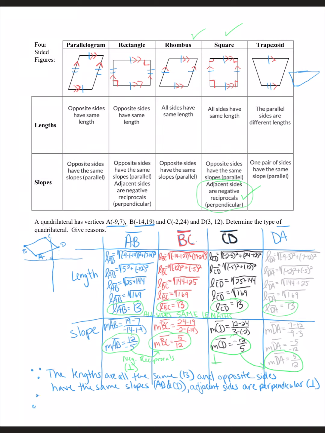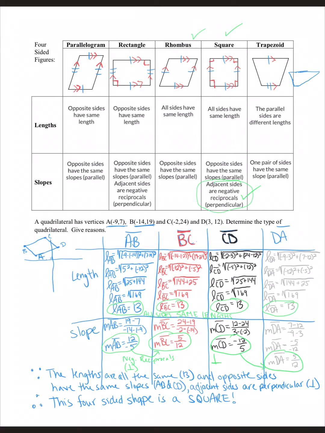We can say then, therefore, this four-sided shape is a square. Okay. Negative reciprocal slopes, all side lengths are the same, we're dealing with a square.